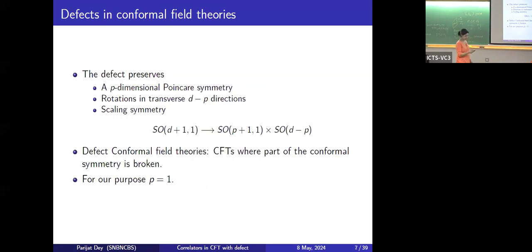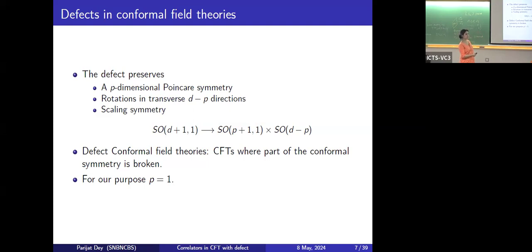Okay. So with this, we can see that the defect preserves a p-dimensional conformal Poincare symmetry on the plane, rotations in the transverse or normal d minus p directions, and the scaling symmetry. So we end up getting this residual symmetry.